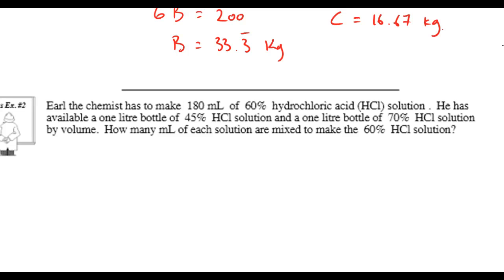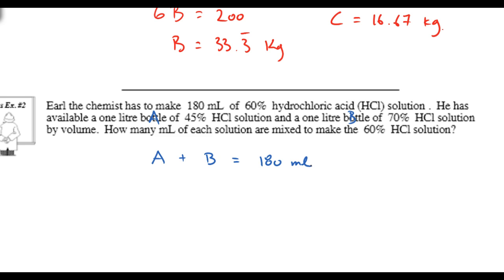We have two bottles, so we can call them bottle A and bottle B. Bottle A plus bottle B is going to equal 180 milliliters of the solution. So that's the quantity. The quantity is usually the easier equation to come up with.